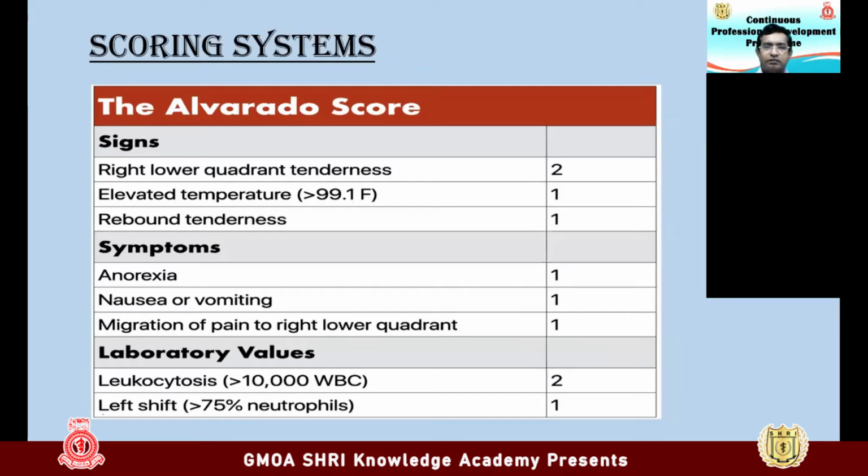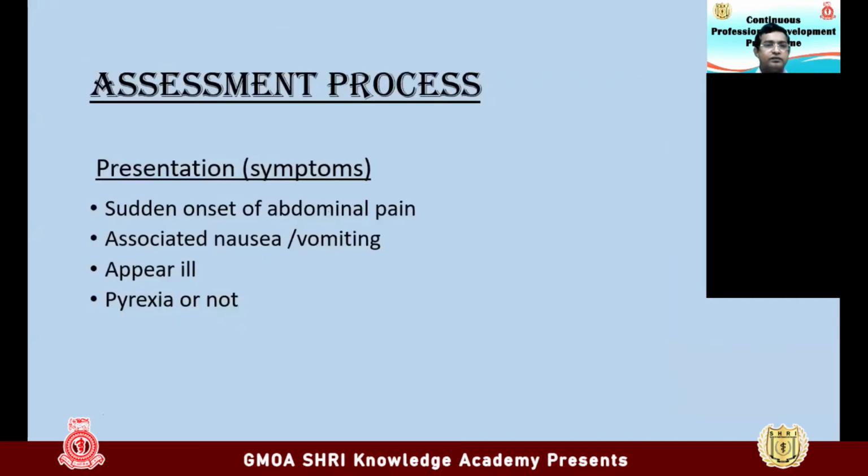There is no properly devised scoring system to guide us to a definitive diagnosis. It's a practical thing for a unit or team to develop a scoring system depending on the patients encountered in their unit in a particular area.